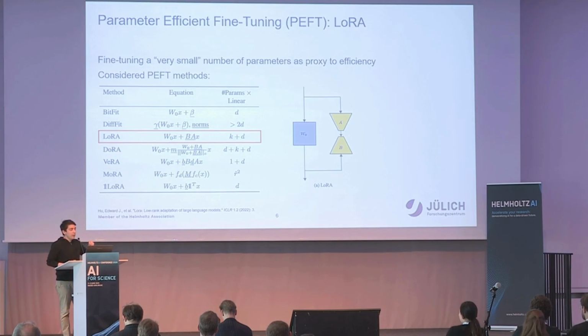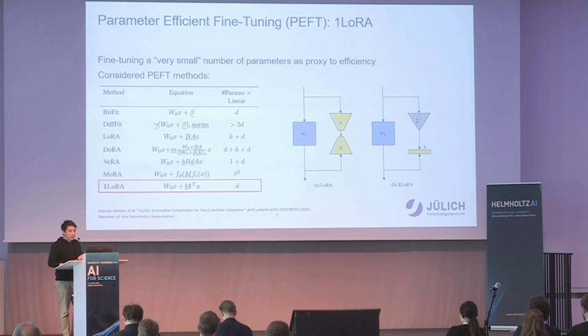In this context, I like to call A and B the compression and decompression matrices, and we go beyond this and consider a compression vector. We use the sum as the compression vector. So we introduce one LoRA, or iLoRA, which uses basically a single vector as compression, which is just a vector of ones, and then a single vector as decompression, which is a vector of d parameters.